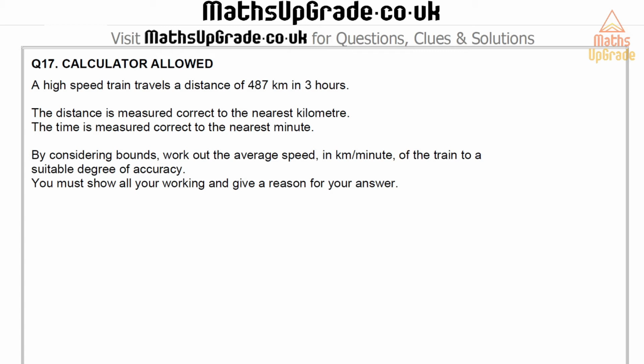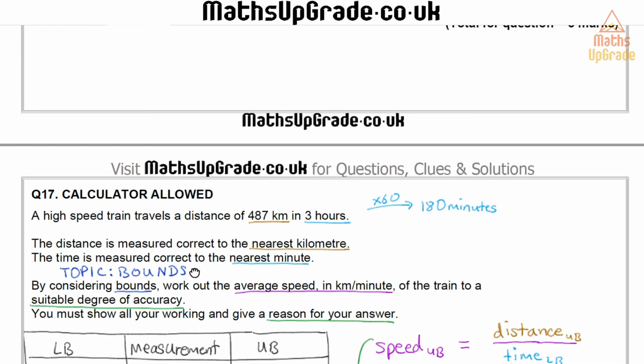So this question again involves bounds, similar to the last question we looked at. What I'm going to do is underline the key information first of all. I've converted 3 hours into minutes because the speed I need to work out is in kilometers per minute.